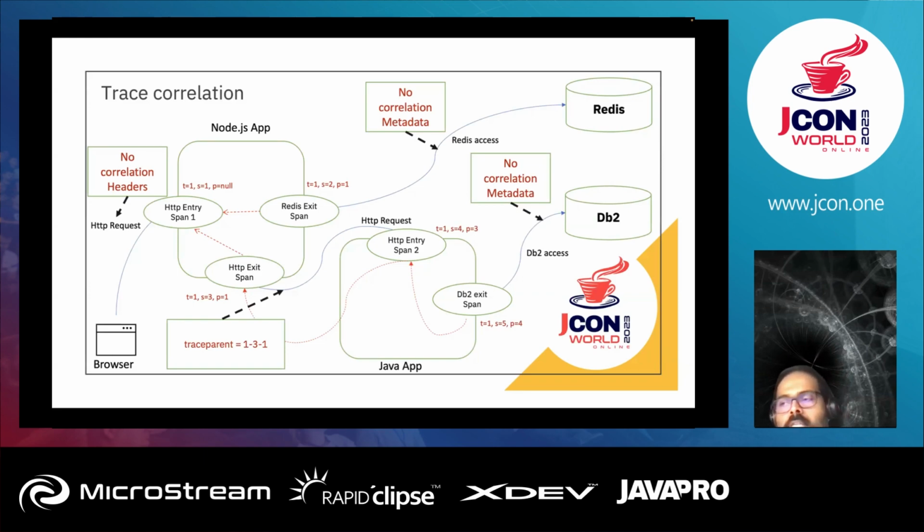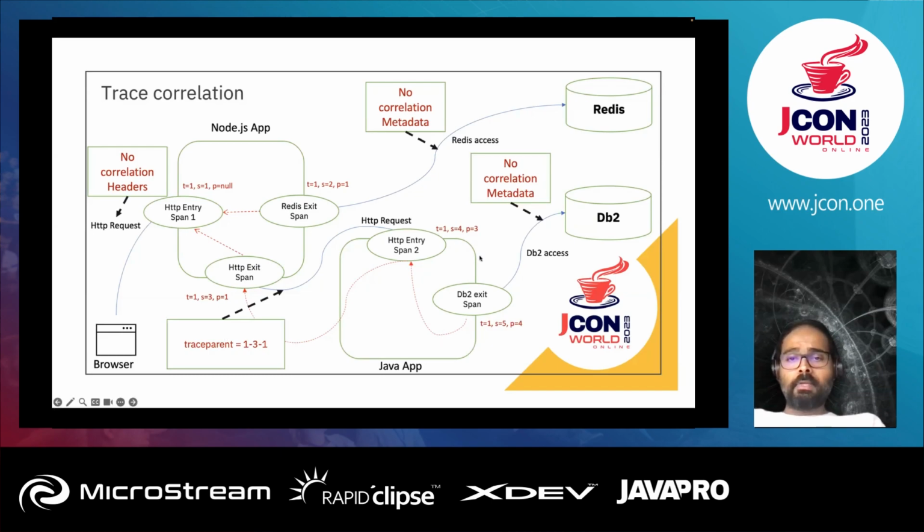The metadata of the HTTP header is modified, and it adds this information into the HTTP header. So basically, it is adding the trace ID, and it is also adding the span ID. And the last one is an optional parameter, which is anyway not very important, so we will talk about the first two. This is sent from the Node.js application by modifying the metadata of the HTTP header, and it is sent to the Java application.